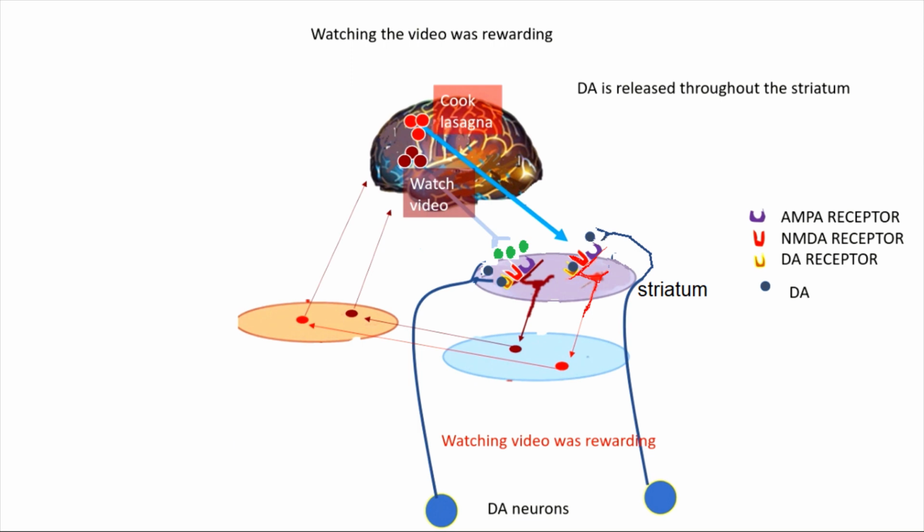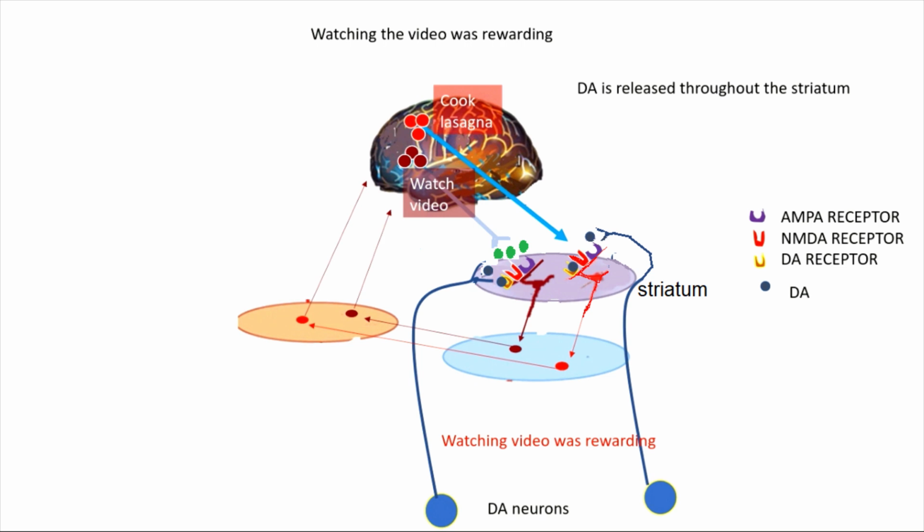Everything gets wet, all right? So you've got dopamine binding to all these receptors. So what that shows you is that dopamine is necessary in order to get a strengthening of the synapse, but dopamine by itself is not enough, is it? Because if dopamine was enough to strengthen a synapse, then this synapse number one should have gotten strengthened. Well, we're glad that it didn't, because it would make no sense.